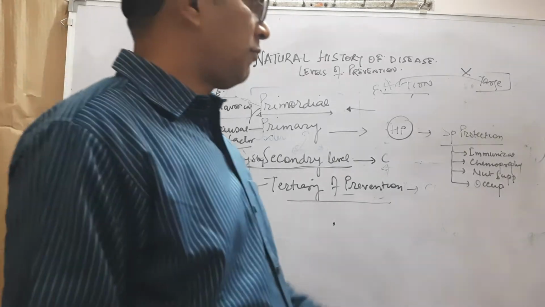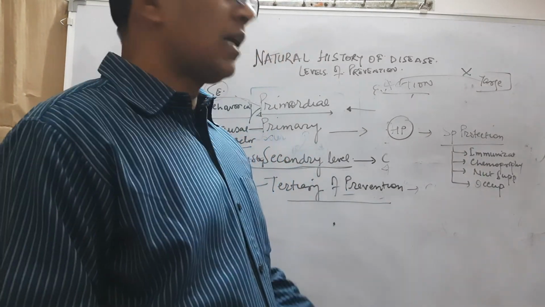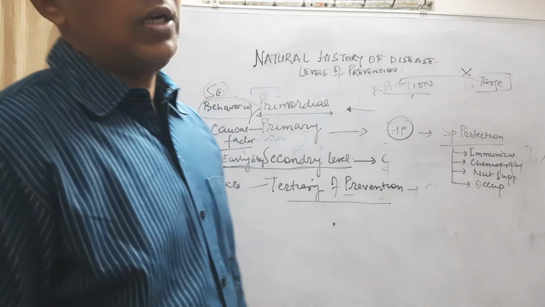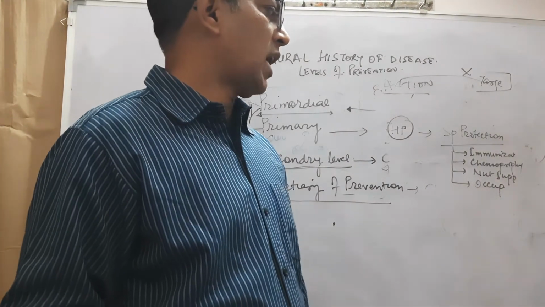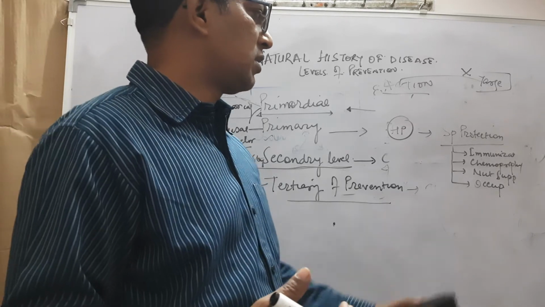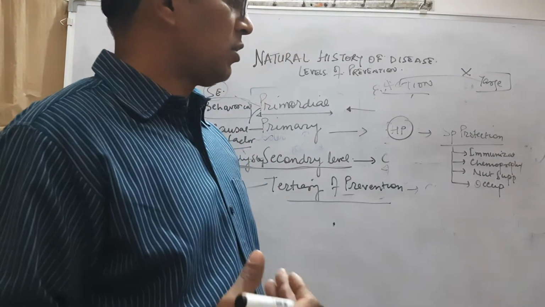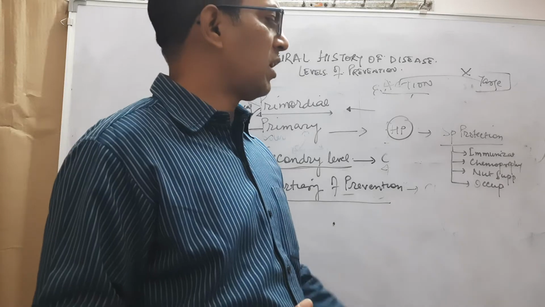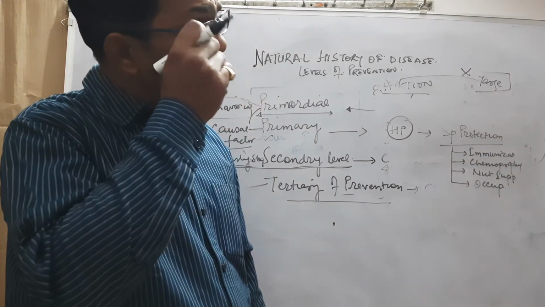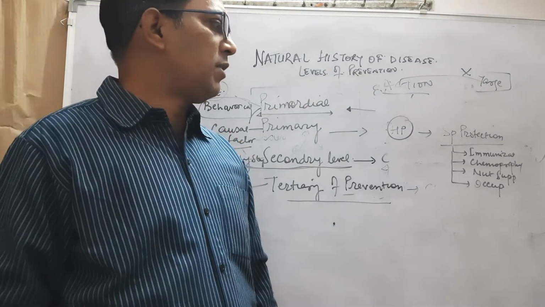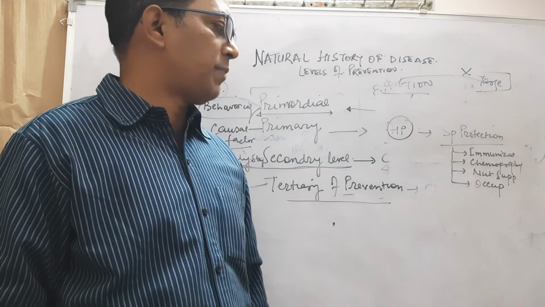For example, chemoprophylaxis: albendazole is being given to do away with worms, and most of the time the Anemia Mukt Bharat campaign is being run because these worms cause anemia. This is again chemoprophylaxis. Then, for example, you give iron folic acid tablets to stop anemia in pregnant females.